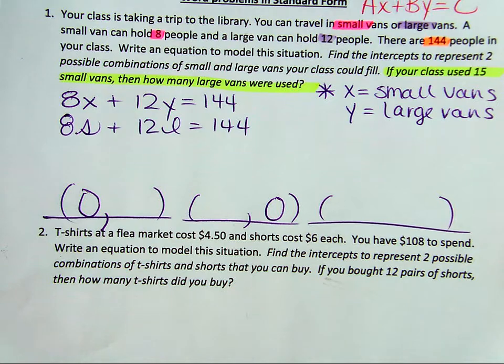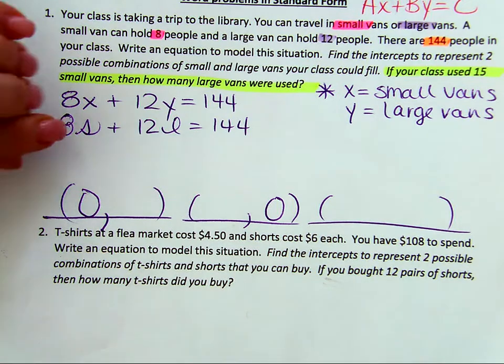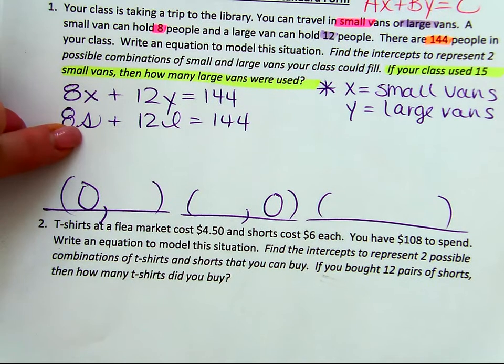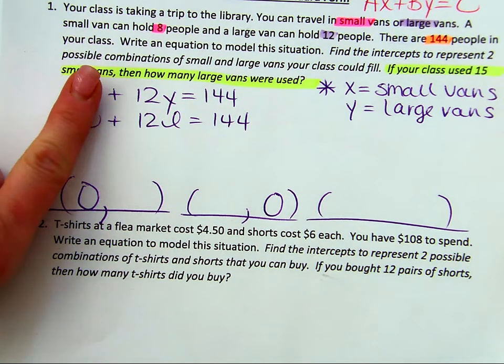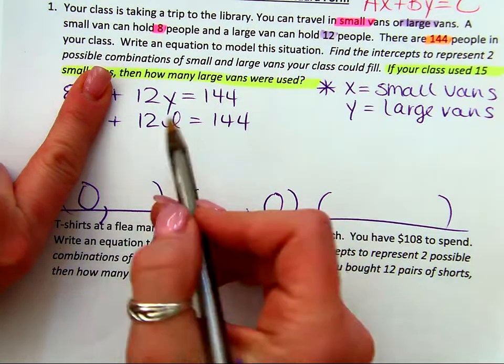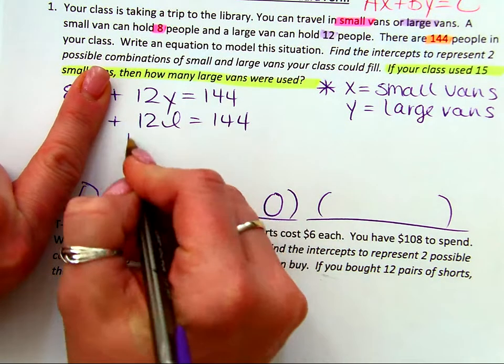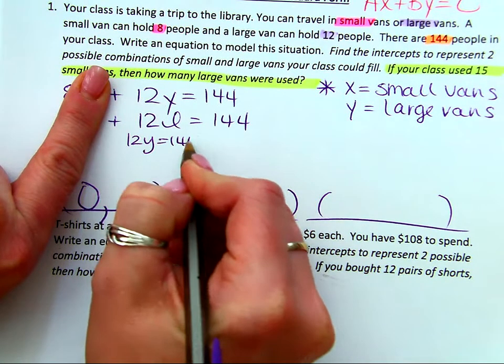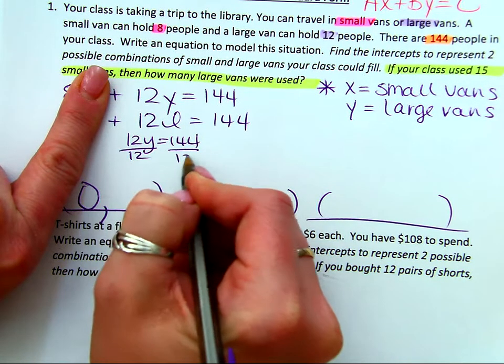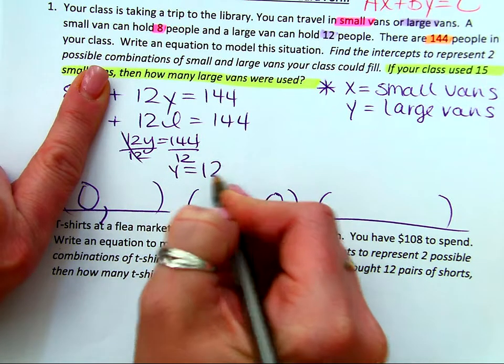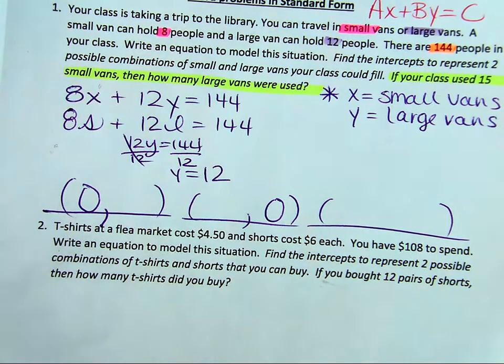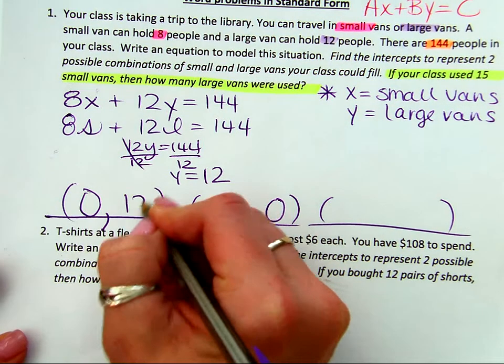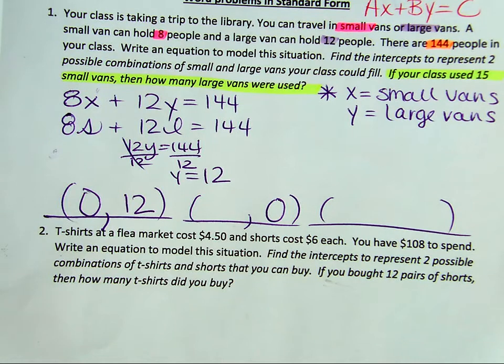Do you remember how I said Miss Budziak didn't want any small vans, or vice versa? So if you put a 0 in for S, that basically means 8 times 0 is 0. What equation do you see? 12y equals 144. If I solve for that, I get y equals 12. So if I don't want any small vans, I'm going to need 12 large vans to fit 144 people.